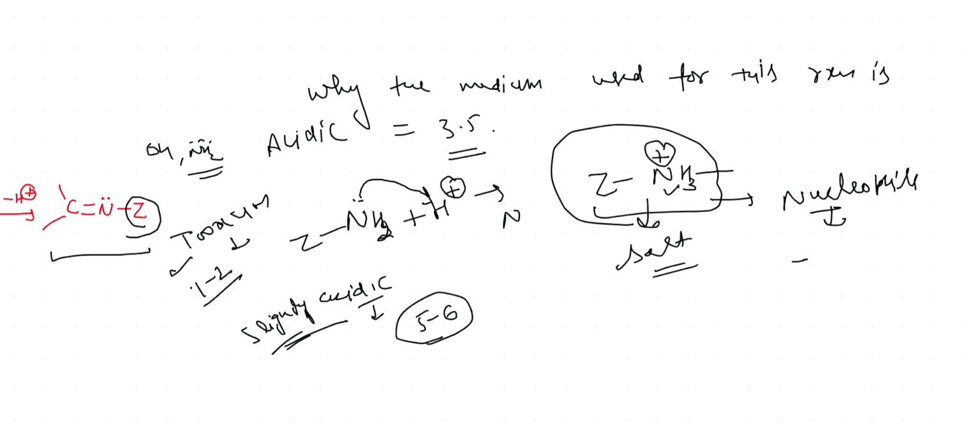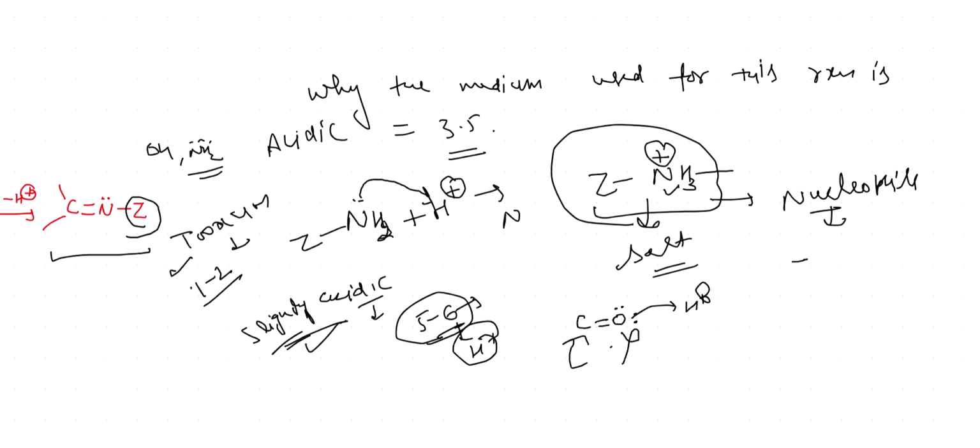As I have already discussed in the mechanism, in the first step there is protonation of this oxygen. If I am using a slightly acidic medium with pH 5 to 6, there are low numbers of hydrogen positive ions, so this oxygen will not be protonated. Hence, weak nucleophiles like ammonia derivatives will not be able to react at this carbonyl center. In other words, the reaction does not occur.